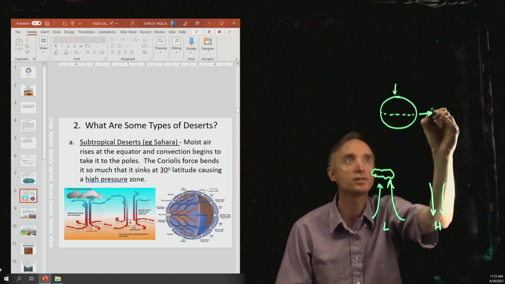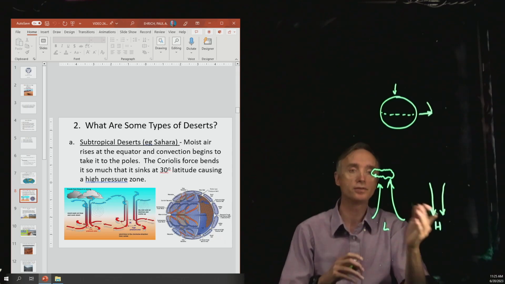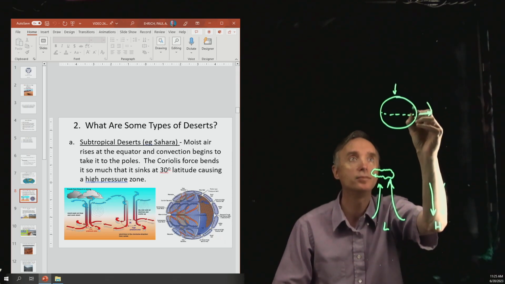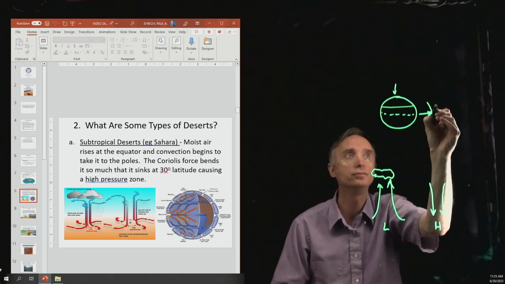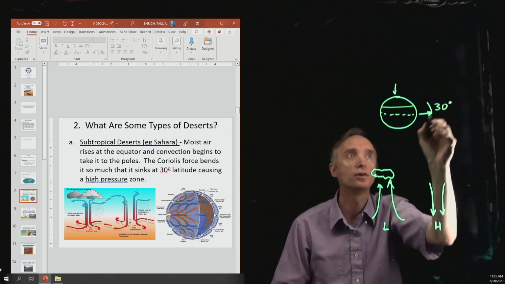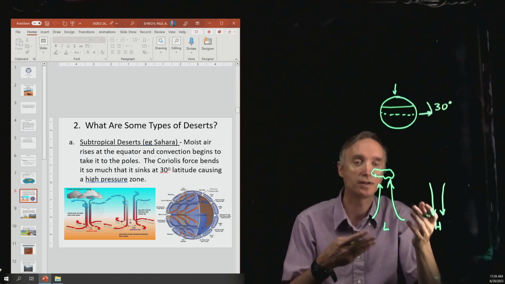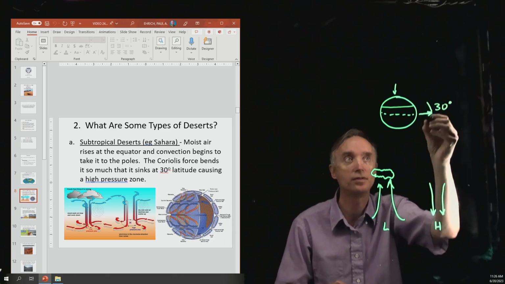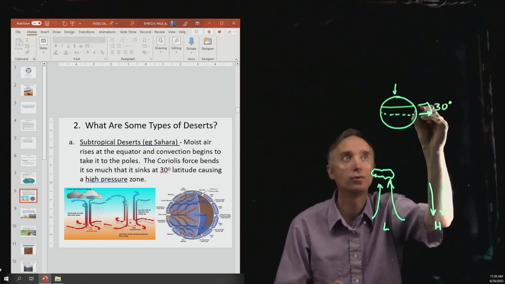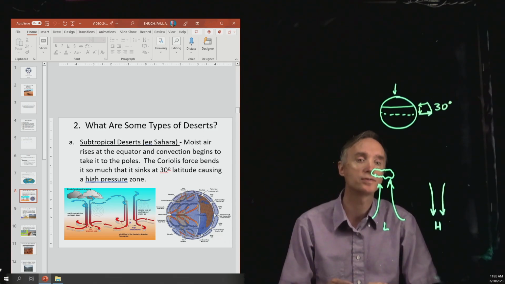So as this air is trying to go north, it's also being bent to the right, and eventually, by the time it reaches 30 degrees latitude, so let's put that over here, it has bent as much as it can, and so it has to return to the equator. So the air will come back down, and then it returns to the equator. That is one of the convection cells.